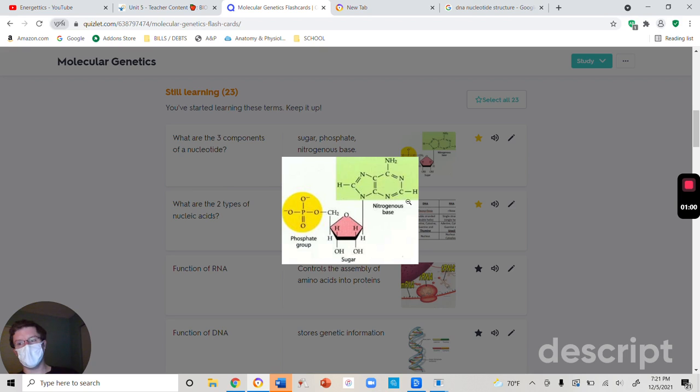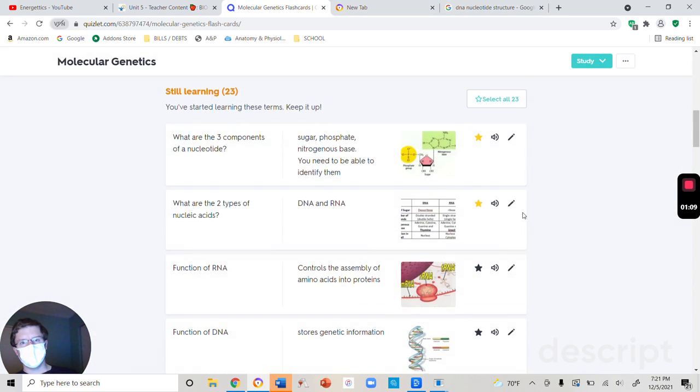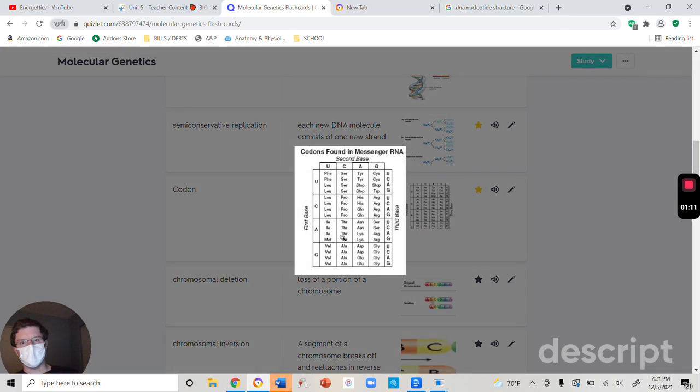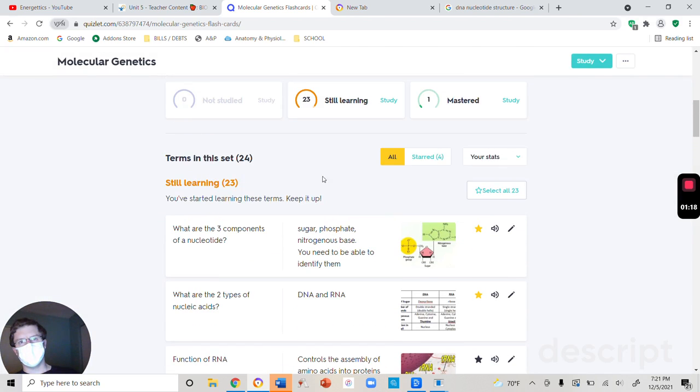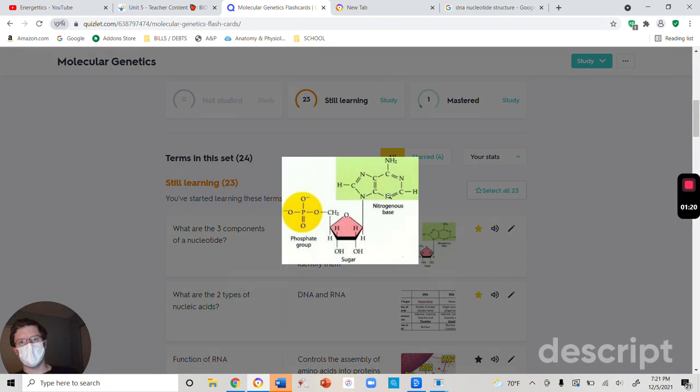So when we throw those letters out there like A, G, C, U, T, when we're doing our transcription, translation, all that, those are the nitrogenous bases. Those are what we're talking about when we are talking about the nitrogenous base.